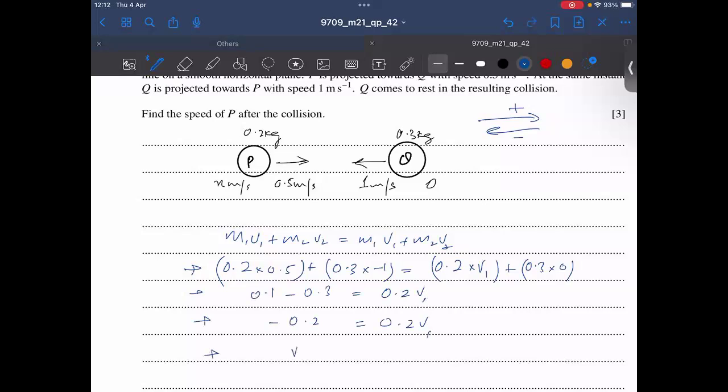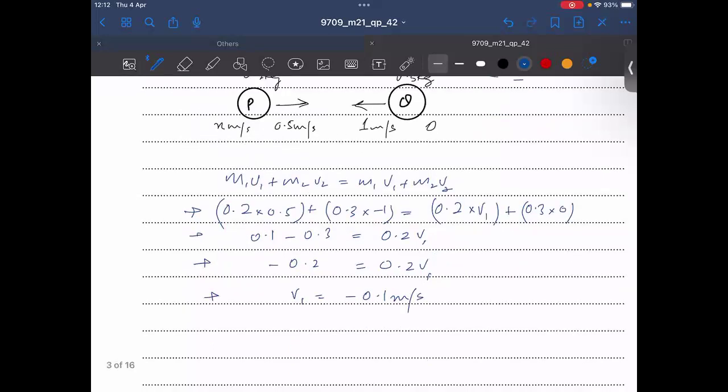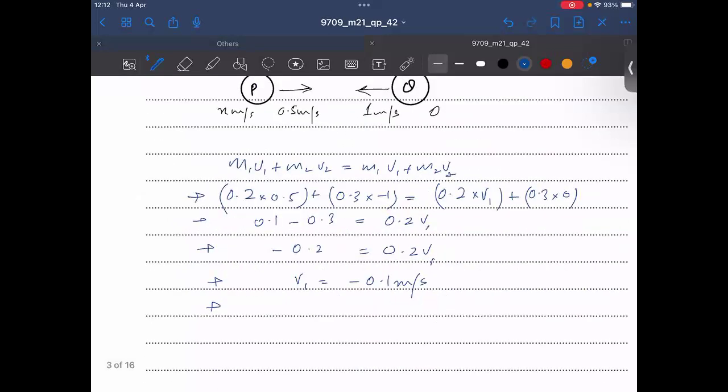So V1 is going to be equal to minus 0.1 meter per second. That means V1 is 0.1 meter per second.